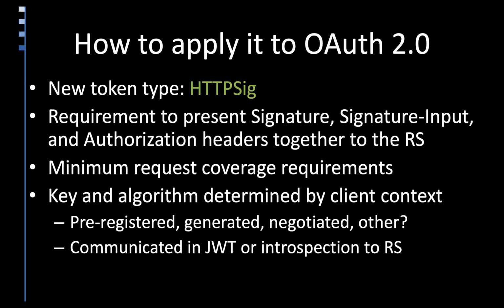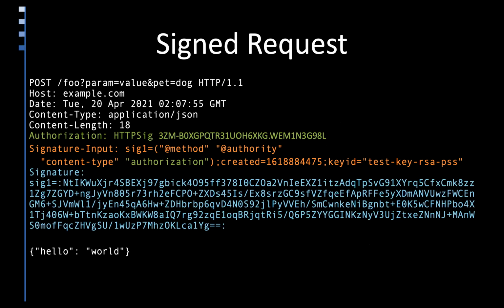Maybe we require that method and target URI get covered, for example, or I mean, obviously you would have to require the authorization header. Maybe there are other headers like content type or other things like that that you need to be able to sign for a particular application of this, and guidance for that and a minimum set of that can be defined in this application spec.